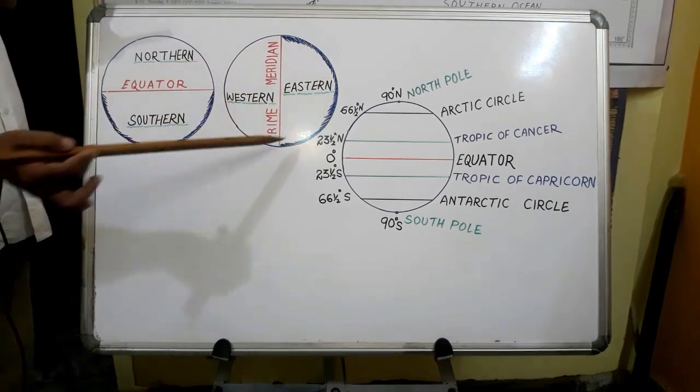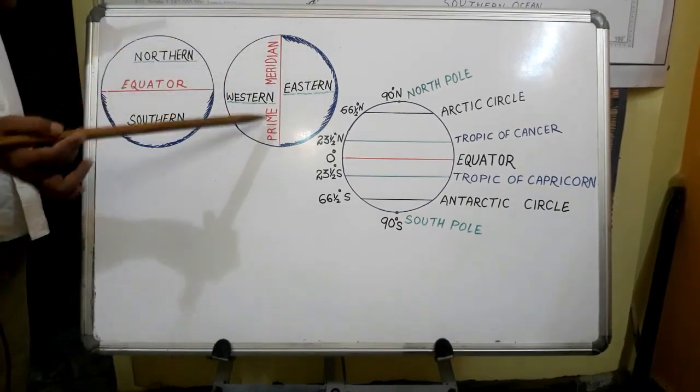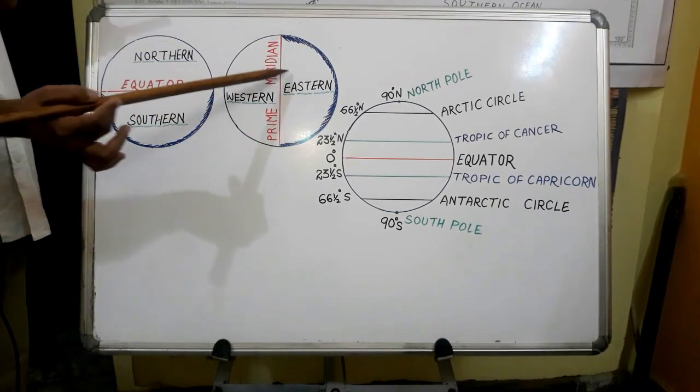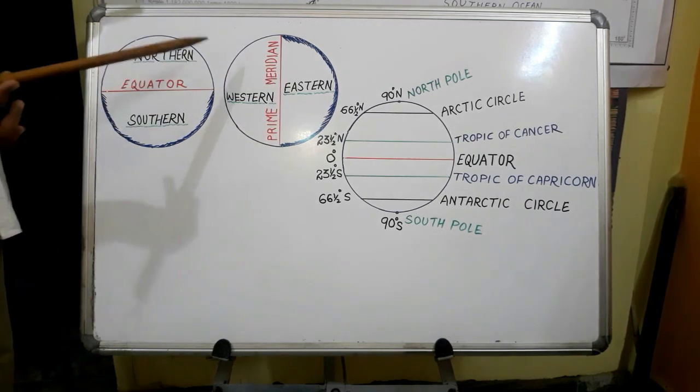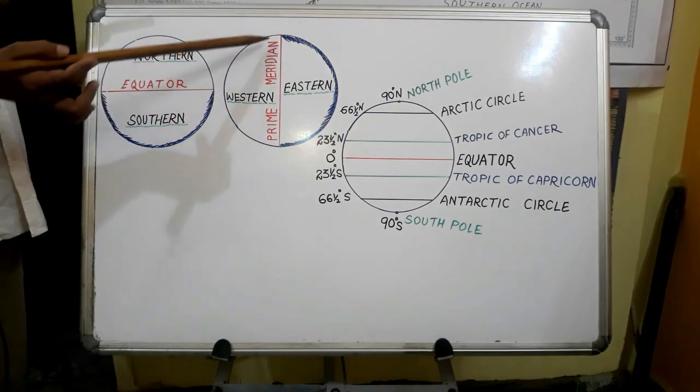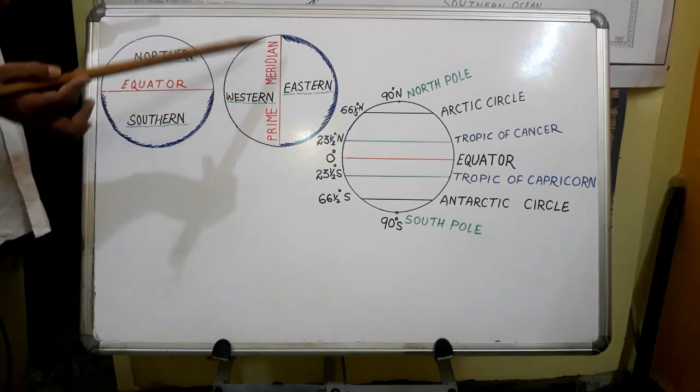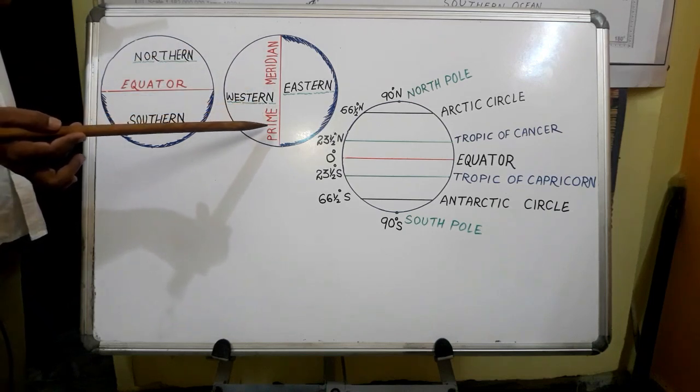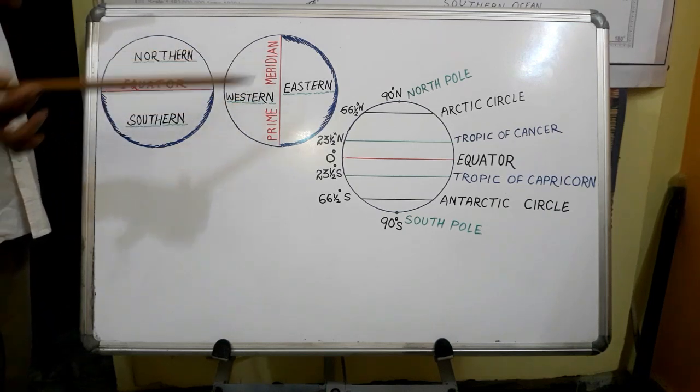And if we divide the earth vertically into two equal halves, here we have the 0-degree longitude, which we call the prime meridian.